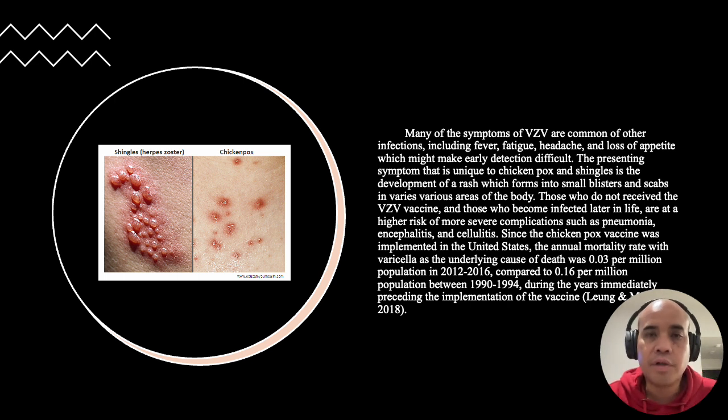Some of the symptoms of chickenpox are common amongst other diseases or infections, such as fever, fatigue, headache, also loss of appetite. Because these are some common symptoms, it makes it difficult to have an early detection or diagnosis of the varicella zoster virus.